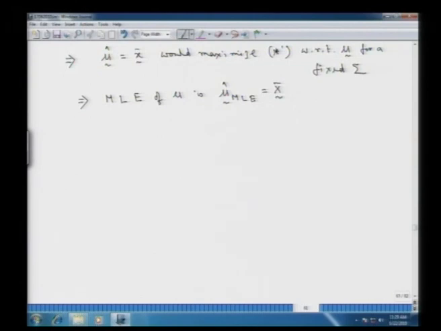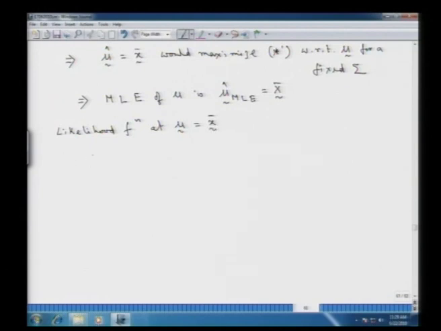Let us now try to see what is the maximum likelihood estimator of sigma. In order to derive that, let us now look at the likelihood function at mu equal to x bar.